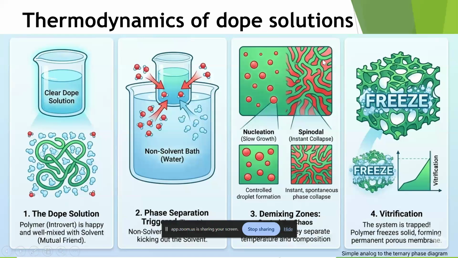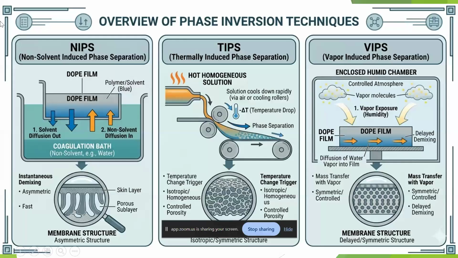Because of that, based on the speed at which we are working and many other parameters, which I'm not really going into, we can make different internal structures and different polymeric membranes for our own purpose, whether highly porous or highly dense, continuous or not so continuous, all for different sets of applications.